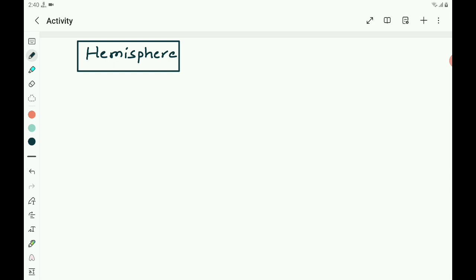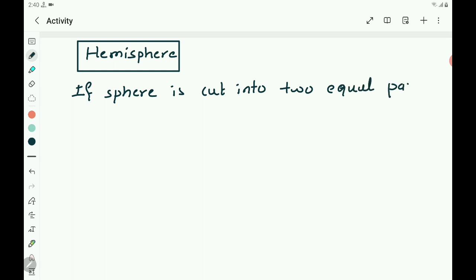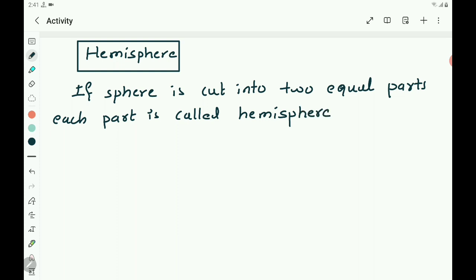If a sphere is cut into two equal halves, each half is called hemisphere. Each part is called hemisphere.